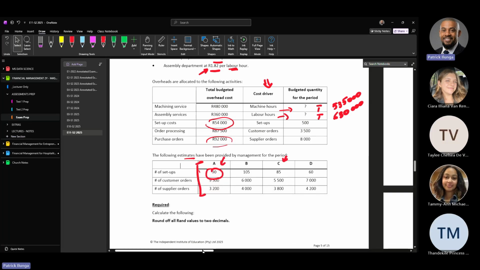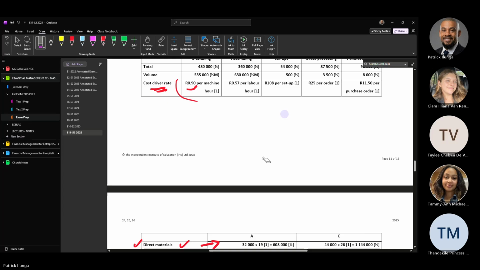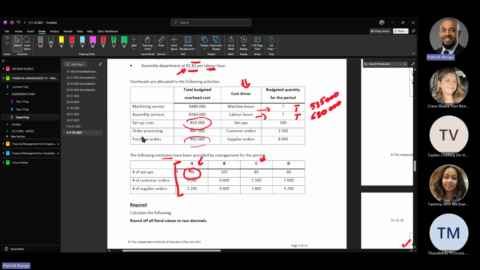Very sorry for rushing here. I was trying to give a quick example, and I made a mistake. Are we clear about this? So these three, that was the purpose of them being provided in their own place here. So you're looking at the setups, the order processing, and the purchase orders.